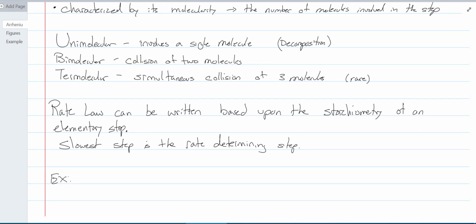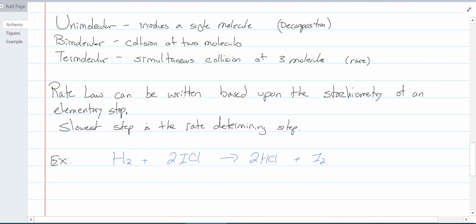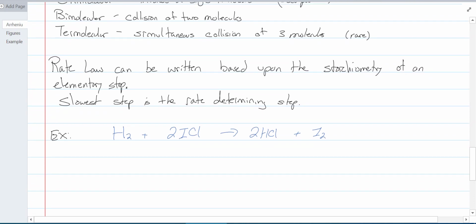So I'm going to have hydrogen gas, H2, plus 2 ICl, iodine monochloride, going to HCl plus I2. Right, so we're going to propose a 2-step mechanism. Step 1 in green would be H2 plus ICl, with rate constant K1, going to HI plus HCl.